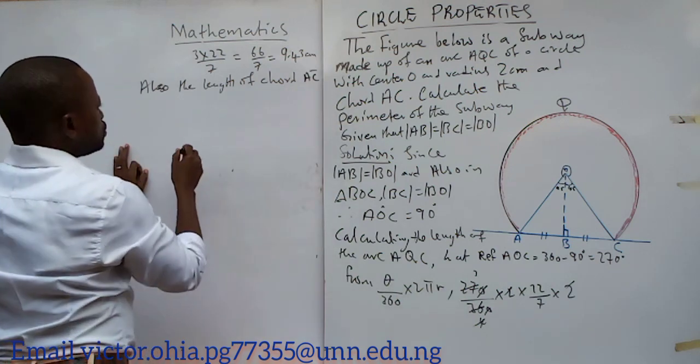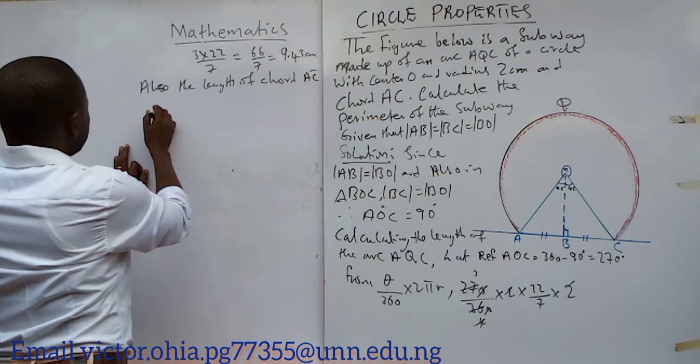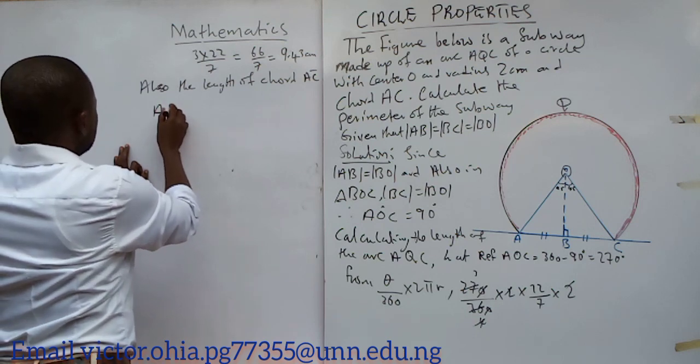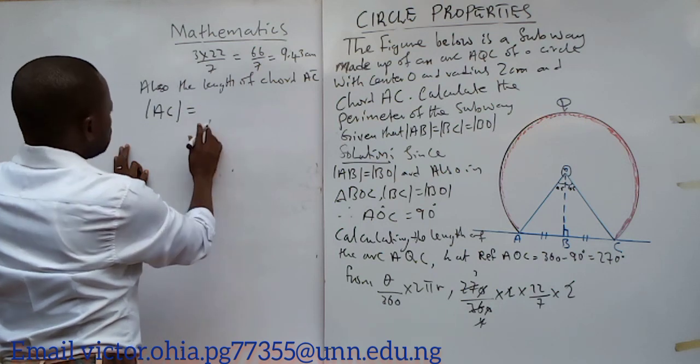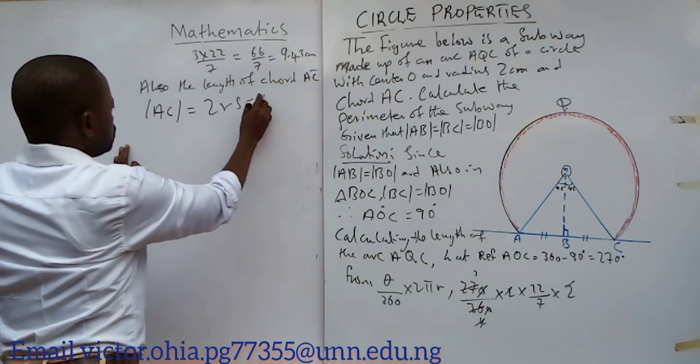Okay, AC, we are going to have that AC is equals to 2r sine theta over 2.